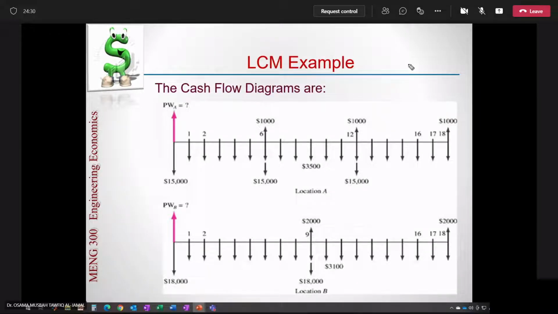If they say N, for example, equals 7 or 8 or whatever number, what to do? Of course, we are not going to do cycles here, LCM. But notice here, the first cycle is up to year 6, but that one is up to year 7. It means we need to add another cycle and cut that cycle at year 7.